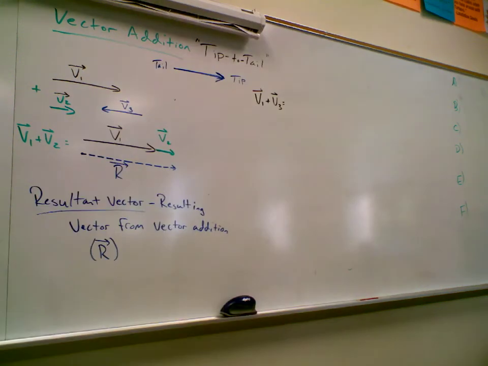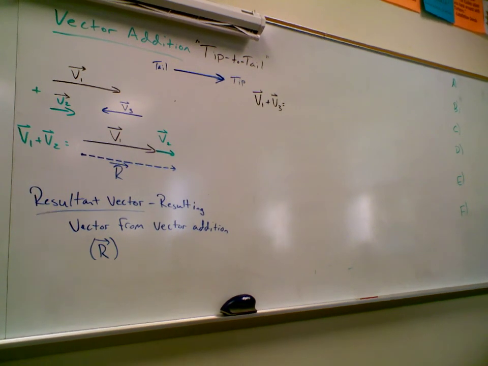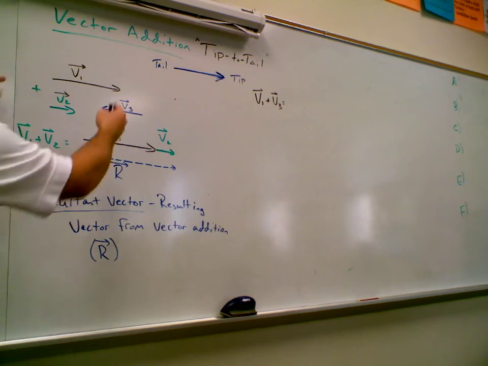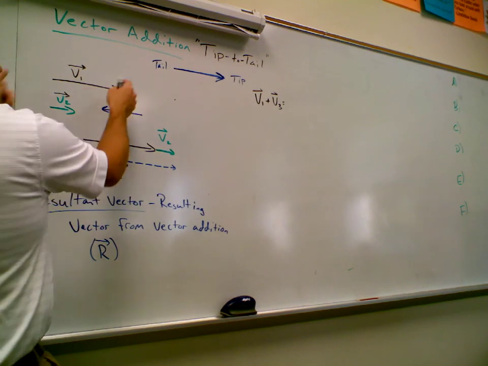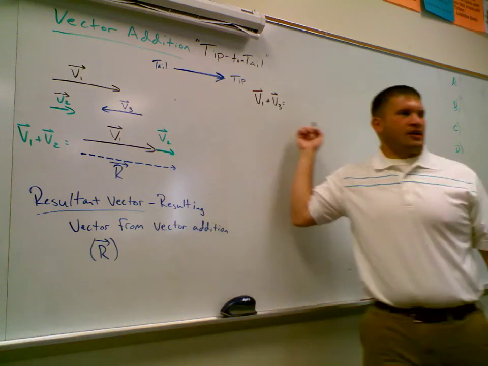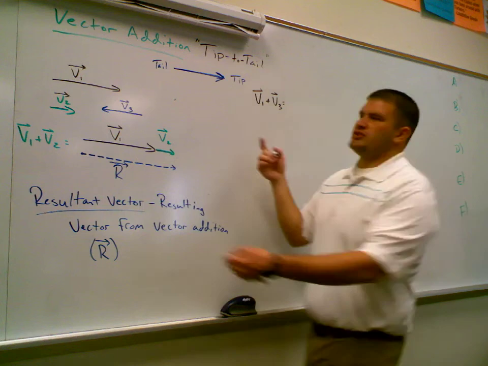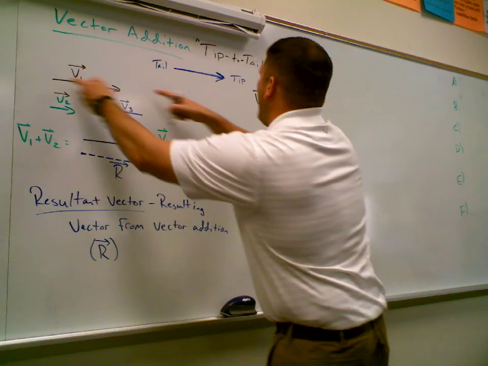So I need to do that whole copy and pasting again, right? So I copy V1, and I bring it over here. Now, do I have to start with V1 or can I start with V3? I could start with V3 if I wanted to too. It doesn't matter which one I start with. So I'm going to copy V1 and I'm going to bring it over here.